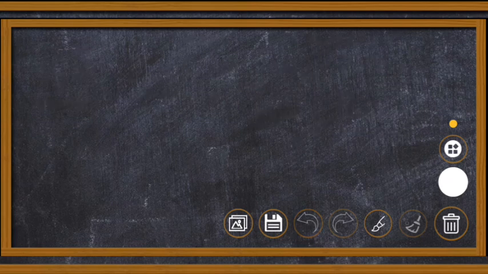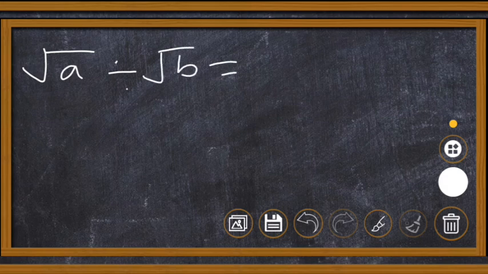Let's look at the quotient rule. The quotient rule is simply where we divide the given values, or the given irrational numbers. Let's say you are dividing the root of a divided by the root of b.